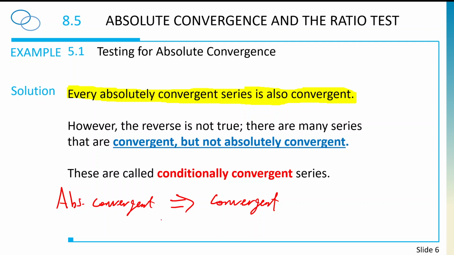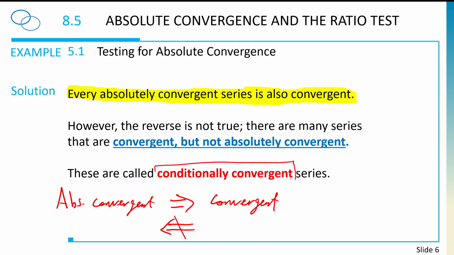But what about the opposite, the way back? If it's convergent, does it mean it's absolutely convergent? No, not necessarily. If it's convergent but not absolutely convergent, in this case we call it conditionally convergent.